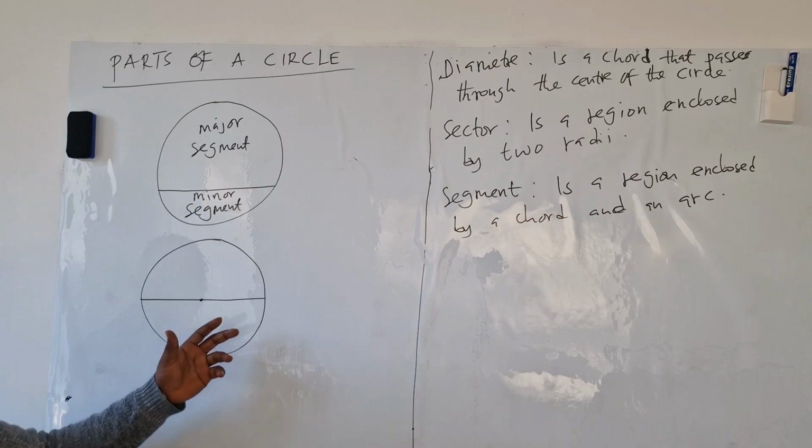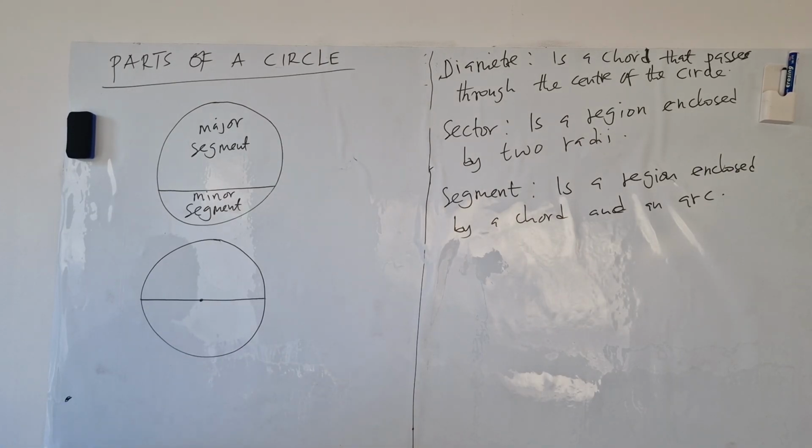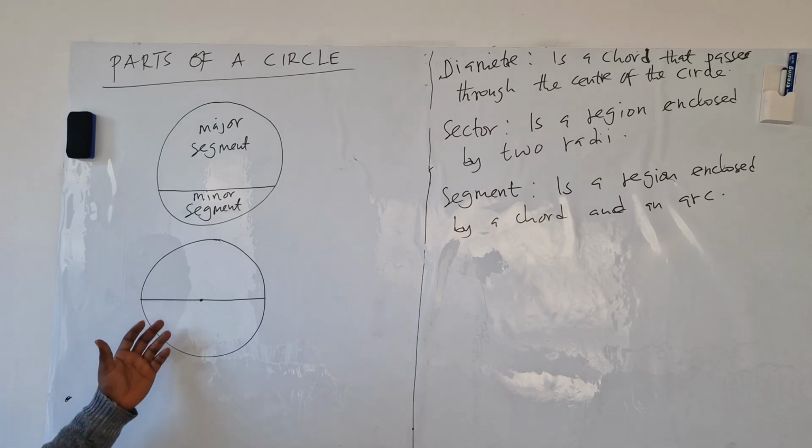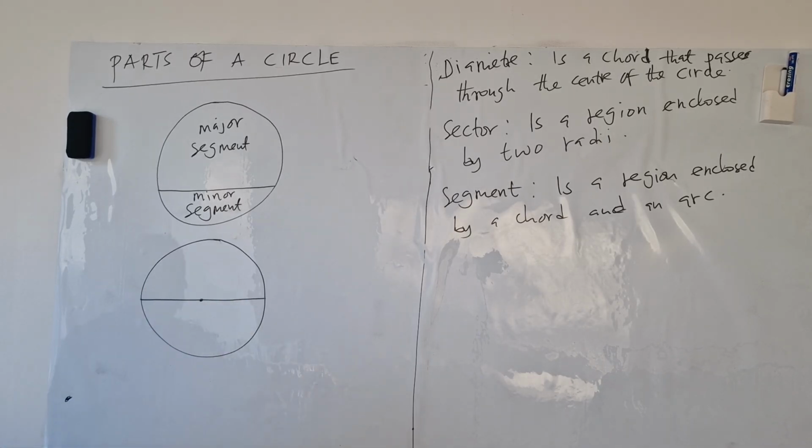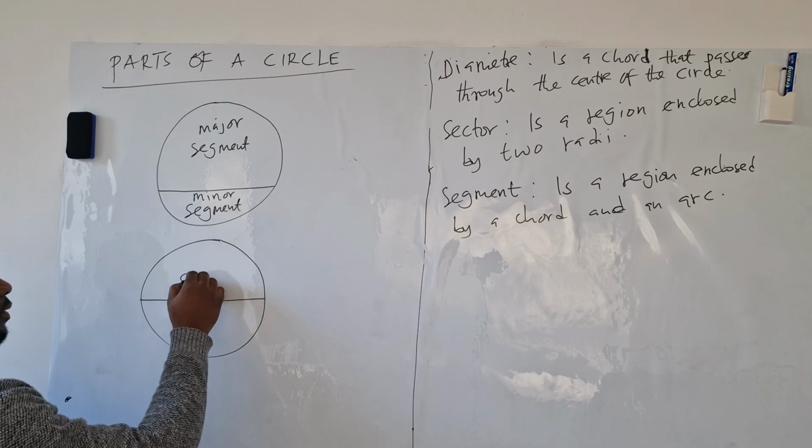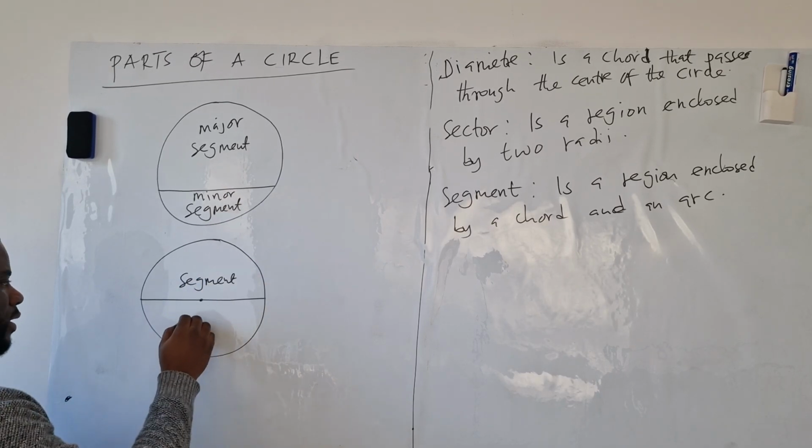Yes, it's still giving a segment. It's a chord, just that it's passing through the center of the circle. So it still gives rise to two segments. This is a segment, and this is also a segment.